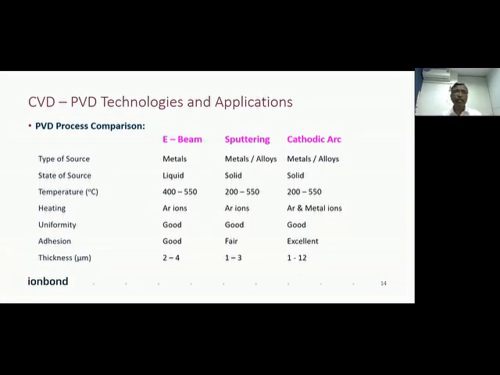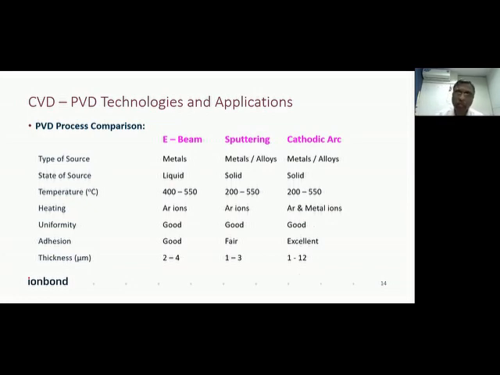And here you can see that with the electron beam, we can have a maximum of 2 to 4 micron coating thickness, whereas with the cathodic arc, we can go from 1 up to 12 microns. So even close to the CVD process, we can have the coating thickness through the cathodic arc. So the low processing temperature, excellent adhesion and relatively high coating thickness combination makes the cathodic arc process commercially viable, as well as allows better smart coatings.